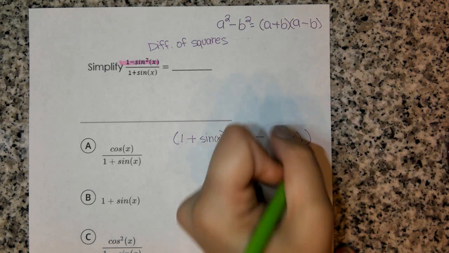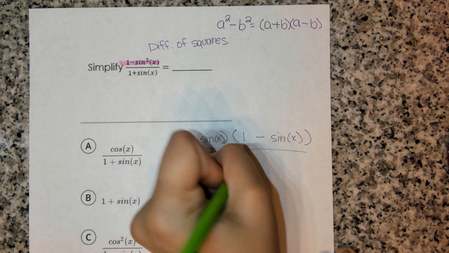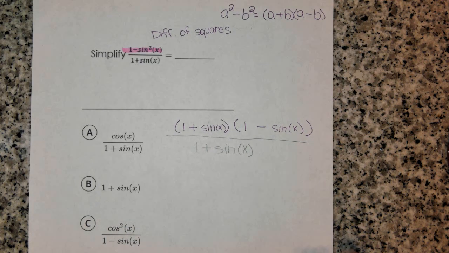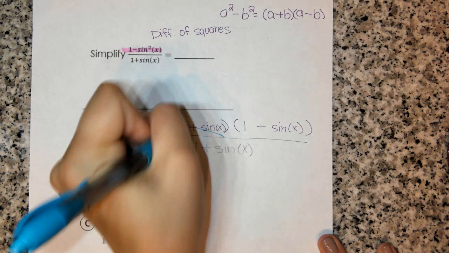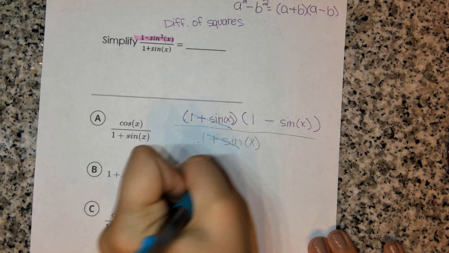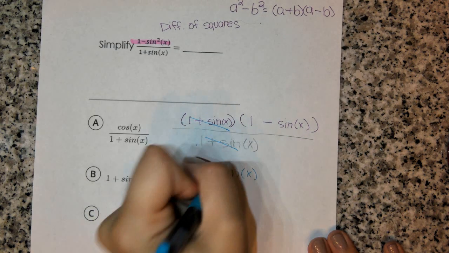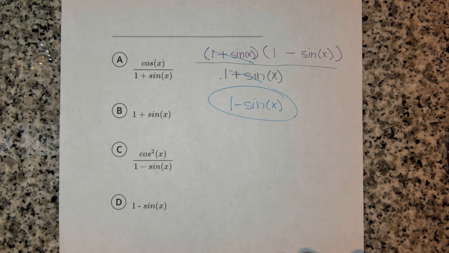And that's still all over 1 plus sine of x. Well, if you look on top and bottom, I have a 1 plus sine x, 1 plus sine x. Those cancel each other out, and it just leaves me with 1 minus sine of x. Well, that's all I have left. I look at my answer choices, and that looks like it's answer choice D.